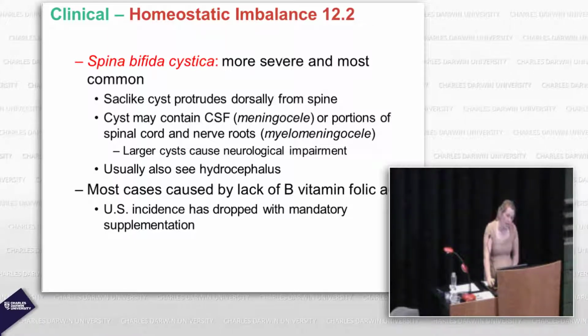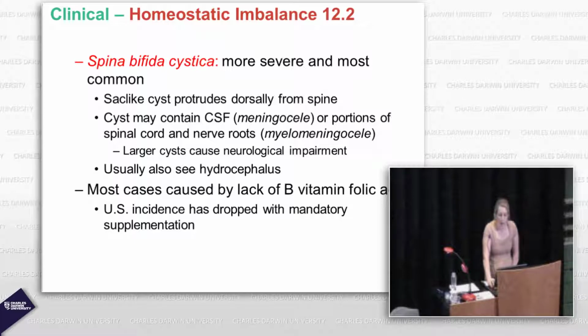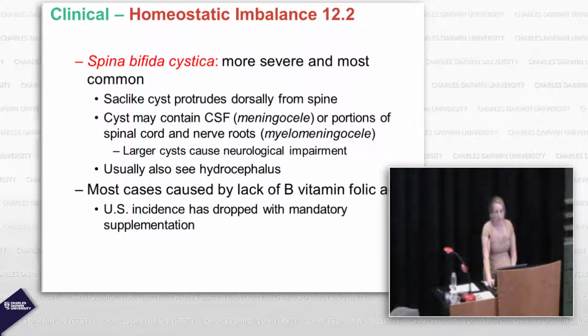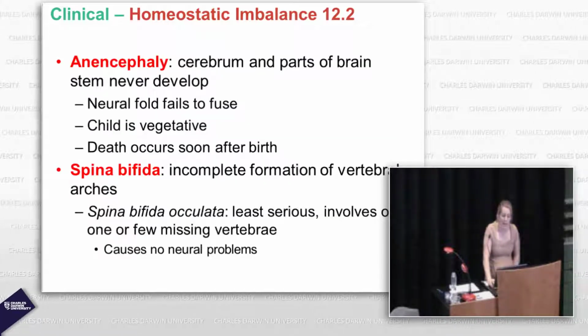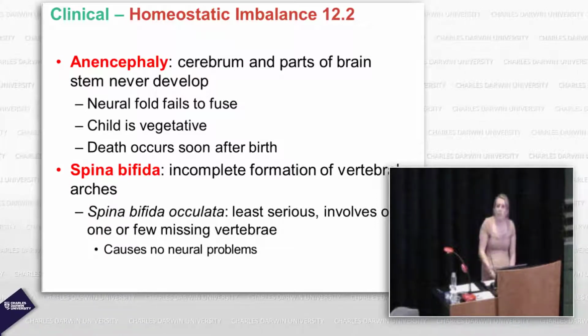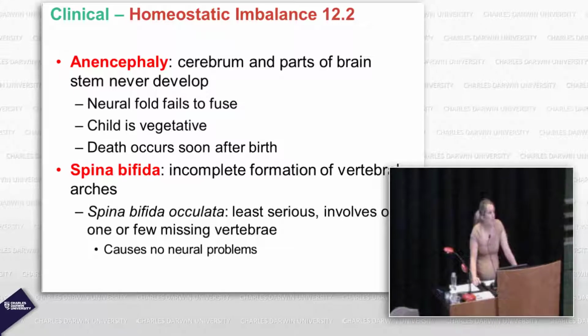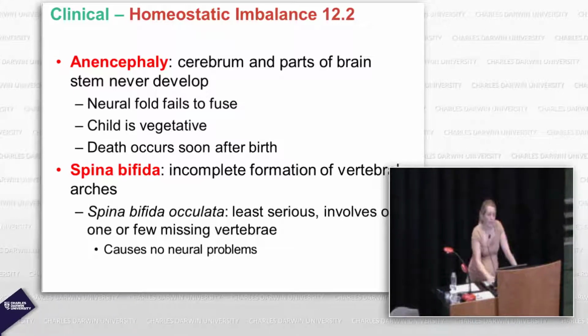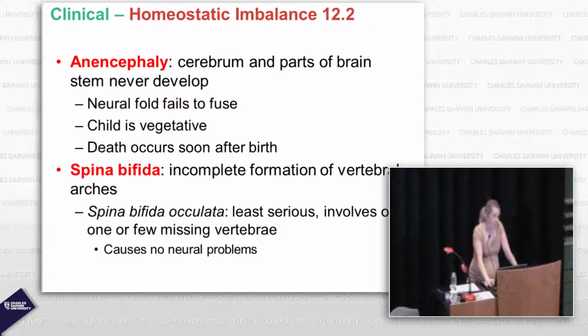If you've had a past case of anencephaly or spina bifida diagnosed, then often if you are trying to conceive, you'll be prescribed a really high dose of folic acid, so higher than what you can buy from the vitamin shop. And this is in the hope that that would prevent that condition occurring again.